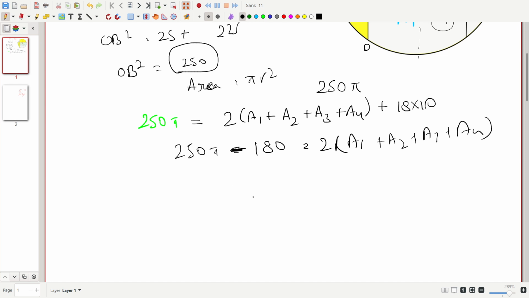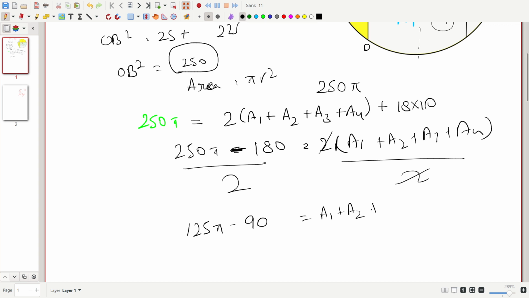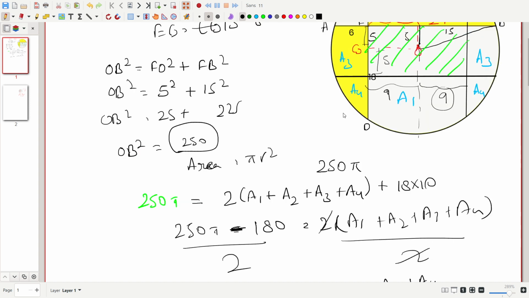One more thing that I can do is divide both sides by 2. So this 2 will cancel out. I will get 125 pi minus 90. Right? This is the value of A1 plus A2 plus A3 plus A4, and this is basically the area of the yellow region.